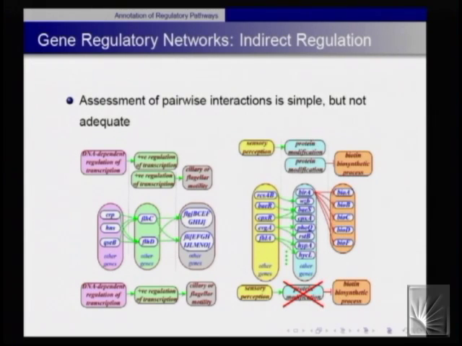So this is the Escherichia coli transcription network, where you have a green edge from a gene to another if that gene upregulates the expression of the corresponding gene, and you have a red edge, these are directed, if the source gene is downregulating the other gene. So here, the purple proteins are all associated with DNA-dependent regulation of transcription.